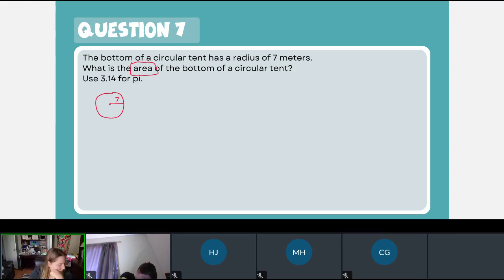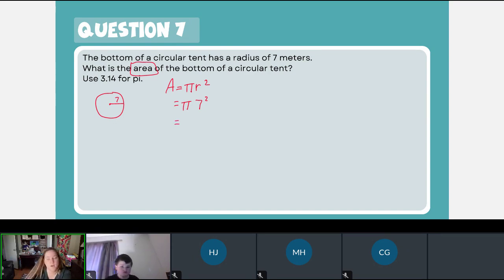When we're finding area, the area of a circle, remember, is pi r squared. So area equals pi r squared. And if we plug our numbers in, that would be pi times 7 squared. What is 7 squared? Y'all tell me in the chat box.